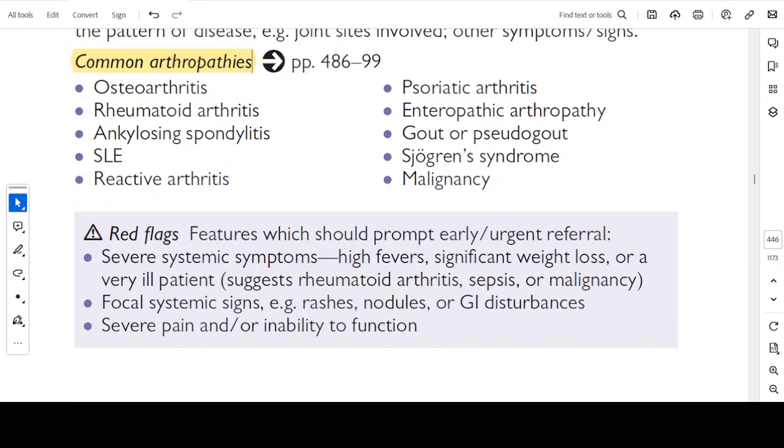Red flag signs, features that should prompt early urgent referral in arthropathies. Severe systemic symptoms with high fever, significant weight loss or a very ill patient suggest rheumatoid arthritis, sepsis or malignancy. Focal systemic signs like rashes, nodules or GI disturbances, severe pain or inability to function.